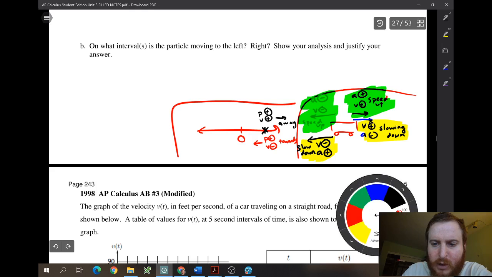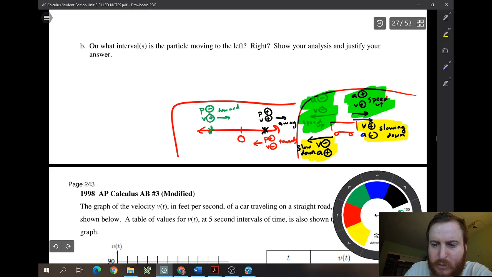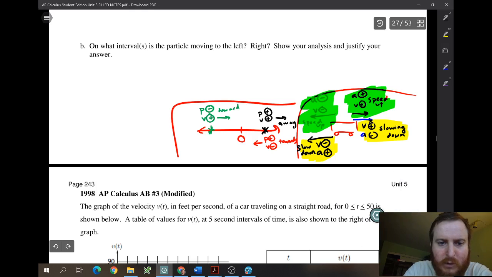And then on the flip side, if I was a particle over to the left, now my position is negative because I'm to the left. The position being negative just means where am I? I'm to the left. If my velocity is positive, that means I'm going to the right. So again, I would be going towards the origin. Whereas if instead my velocity was negative, my position's still negative because I'm over to the left.